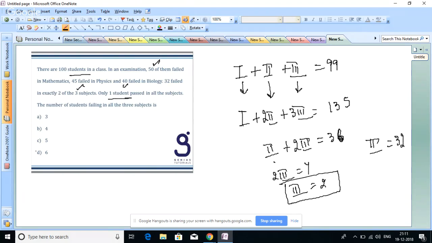You have to find the number of students failing in all the 3 subjects, so that will be 2 only. I guess some options may be incorrect. 2 is your correct answer to this question. Let's move on to the next question.